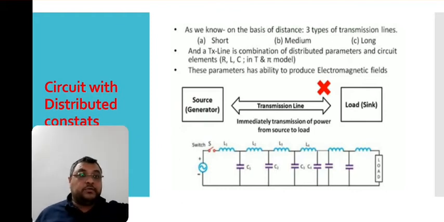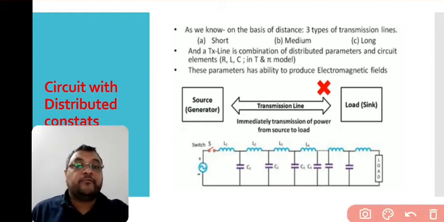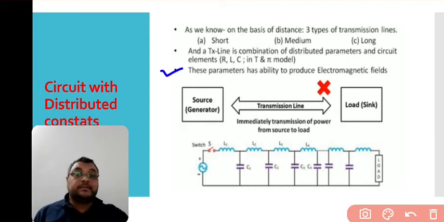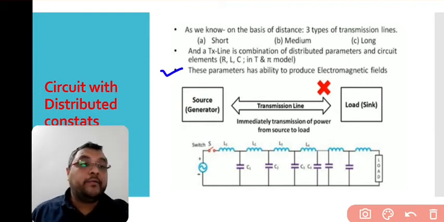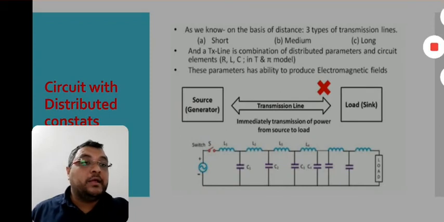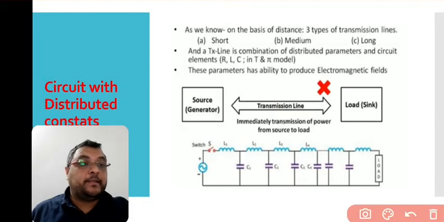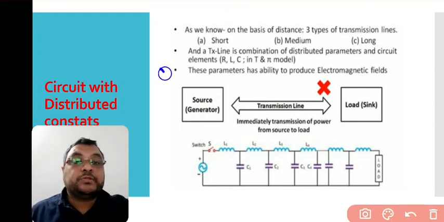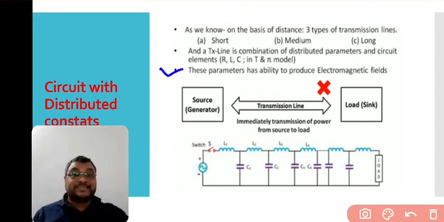So you understand what the distributed parameters are, and now moving forward to this particular statement, these parameters have the ability to produce electromagnetic fields.